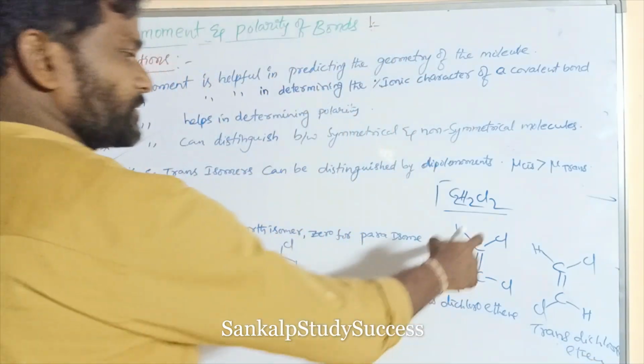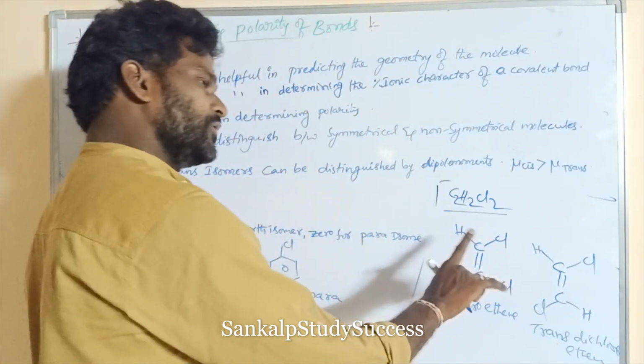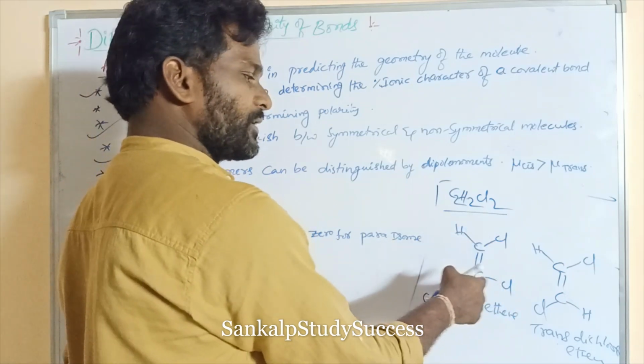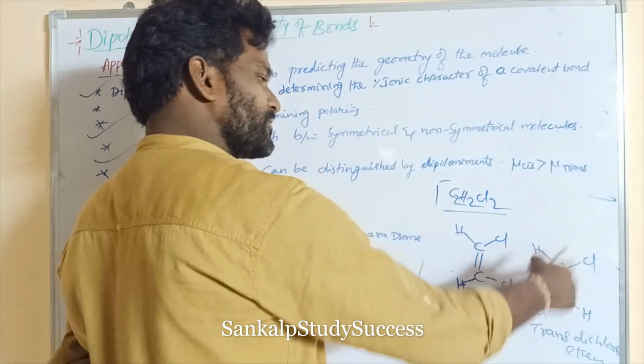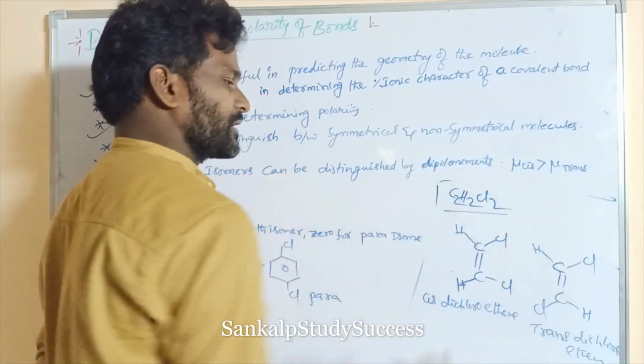In here the two Cl are on one side of the double bond, but here the two identical Cl atoms are on opposite sides of the double bond carbons.